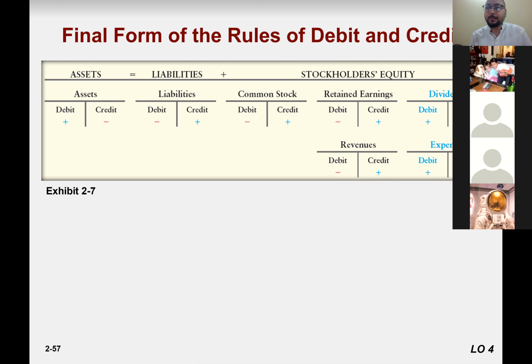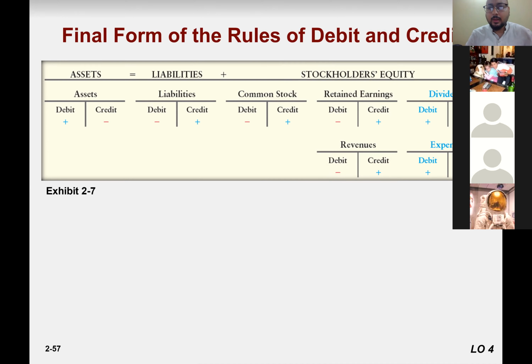The balance should be equal, and assets is equal to liabilities plus owner's equity. Then we developed how we are going to analyze the transaction in the double entry system. Up till now, we have just studied the accounting equation system.